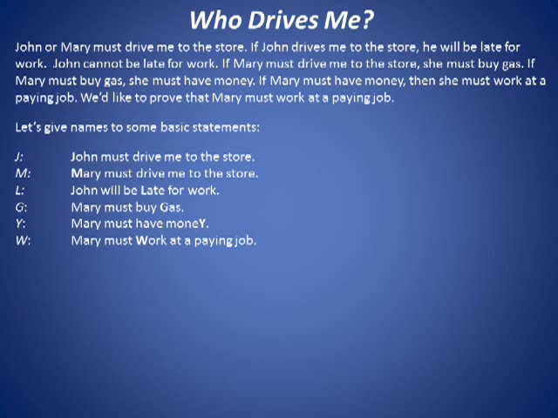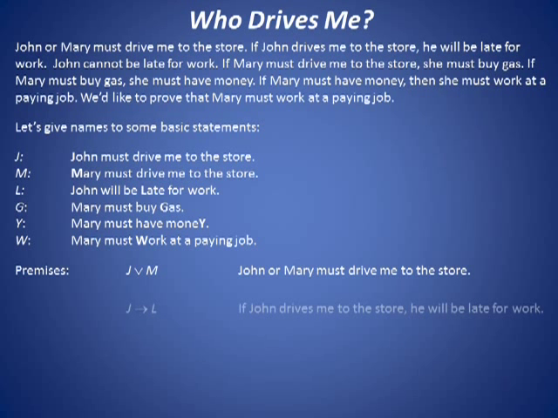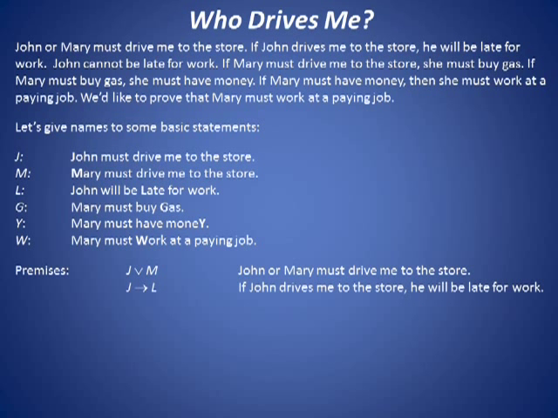From the story, we extract these premises. J or M, which is John or Mary must drive me to the store. J implies L, which is if John drives me to the store, he will be late for work. Not L, which is John cannot be late for work.